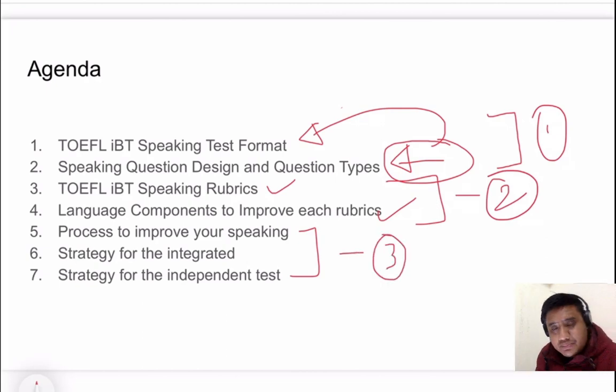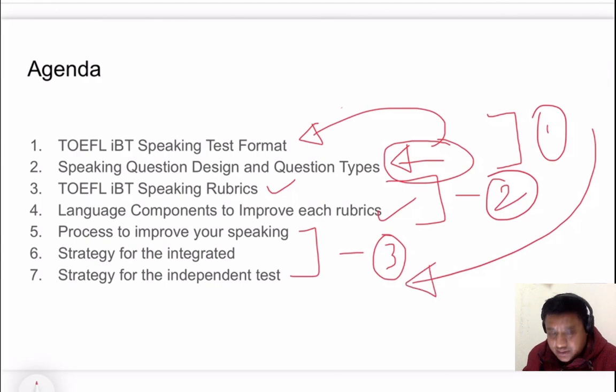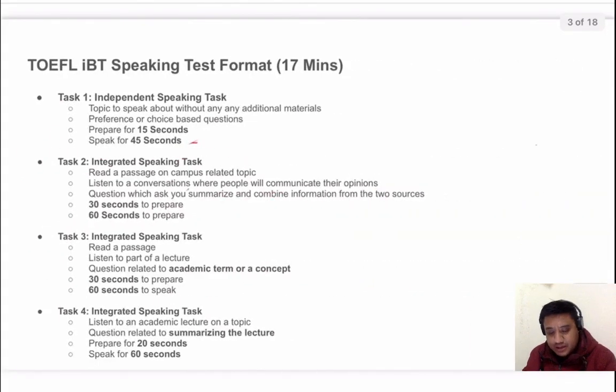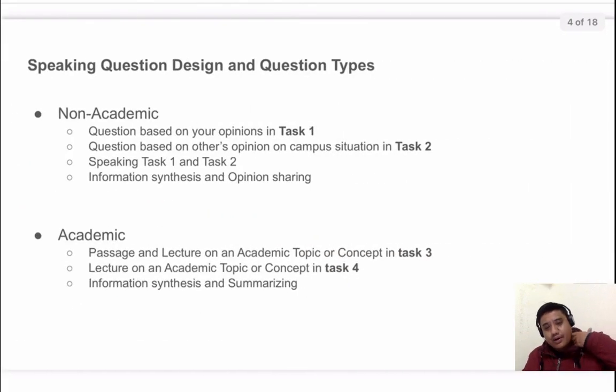I'll be uploading those videos, and please make sure that you watch them in this sequence so that it makes sense. Okay, if you are clear about it, then we'll get into the first part of our speaking today.